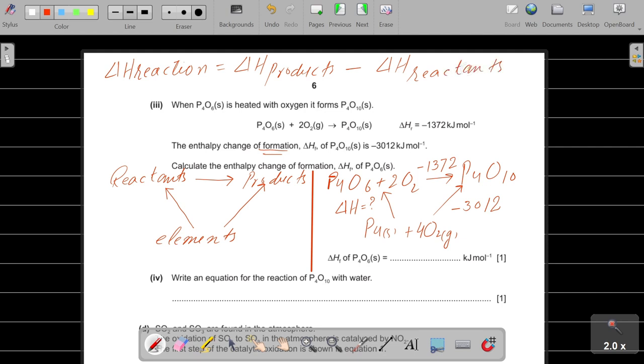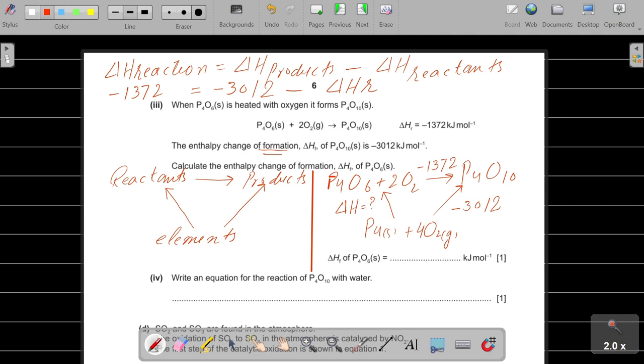So delta H of reaction is given as minus 1372, equals delta H of product. Here we have this product, minus 3012, minus delta H of reactant. We need to find delta H of R for the reactant.